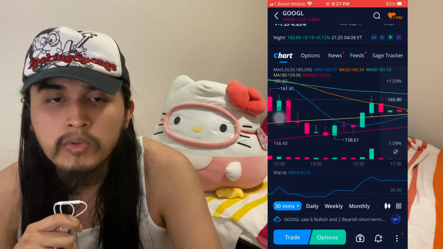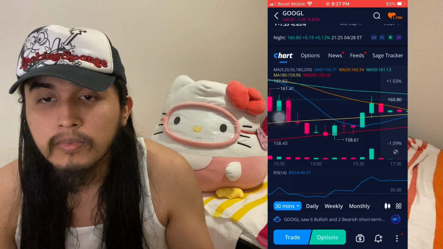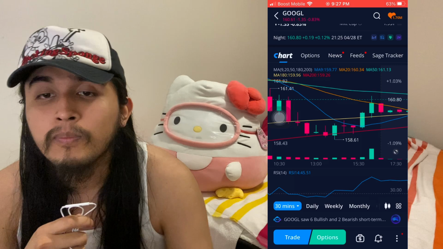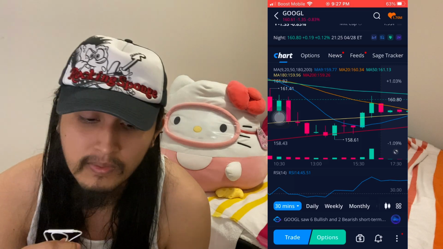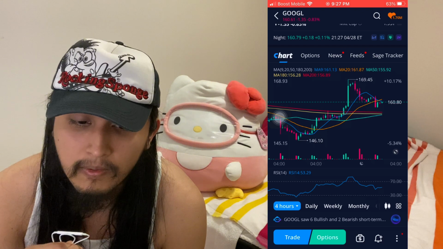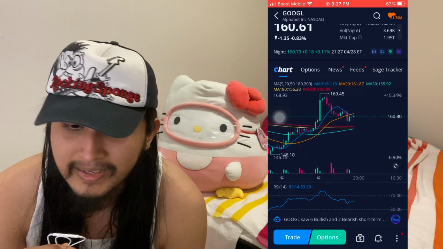I also try to analyze it on the long-term spectrum of the chart. I try to use the 4-hour time chart because usually that's what tells you what trend the stock is in. So for now, I still believe that Google is in an uptrend.